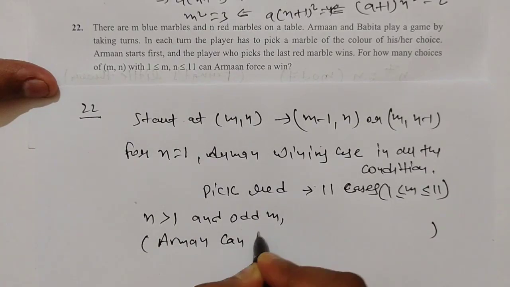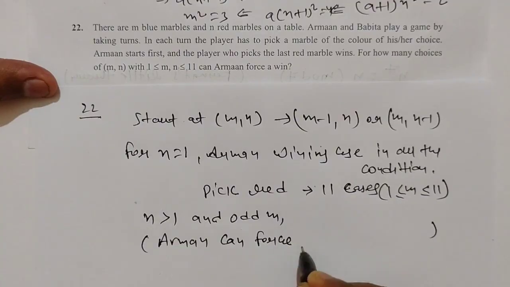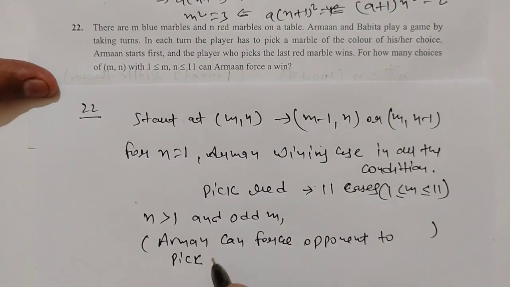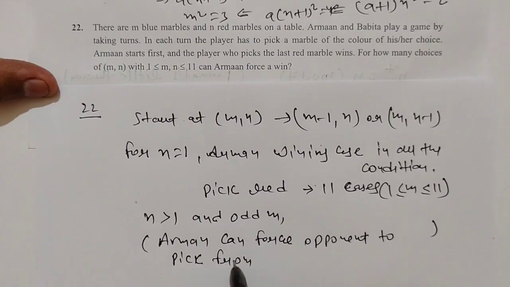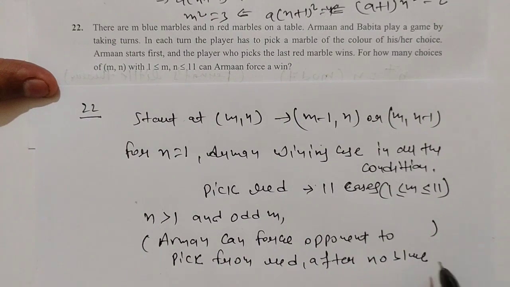Arman can force the opponent to pick from red, and after no blue, ones are left.